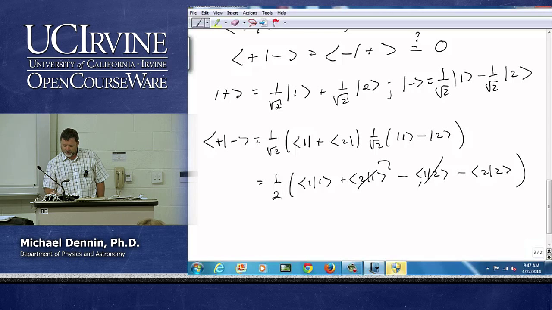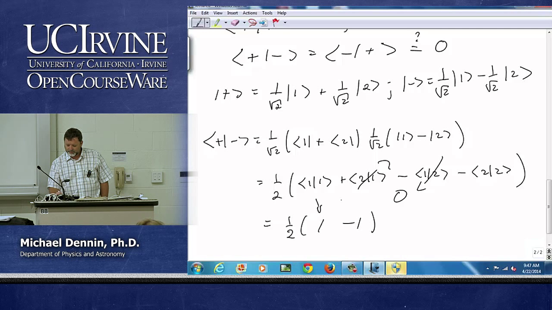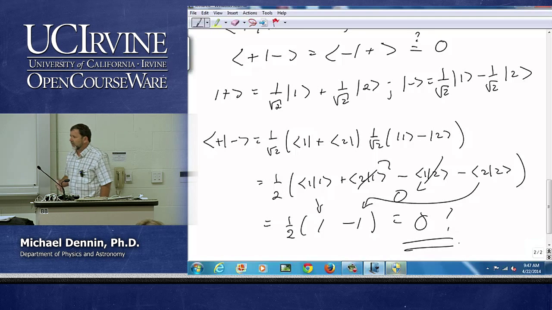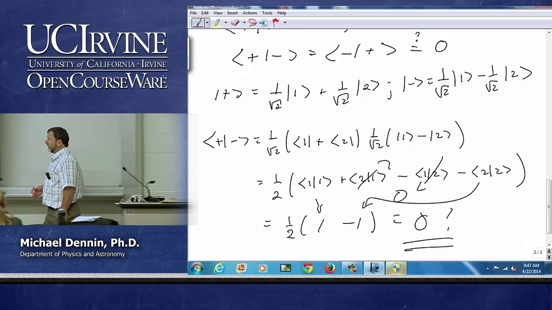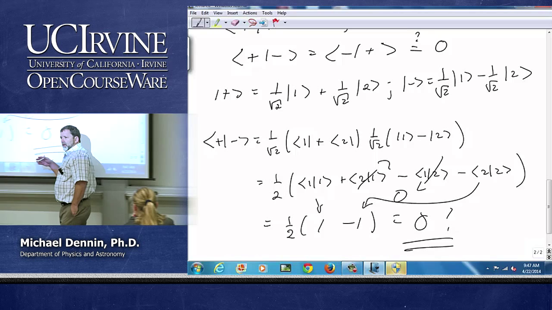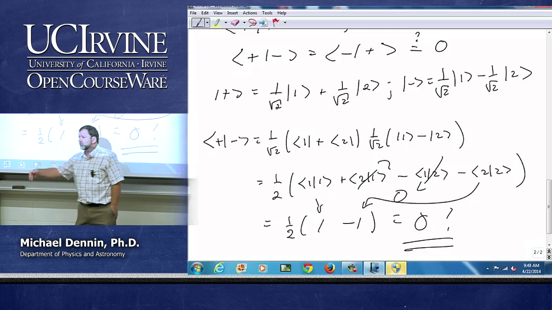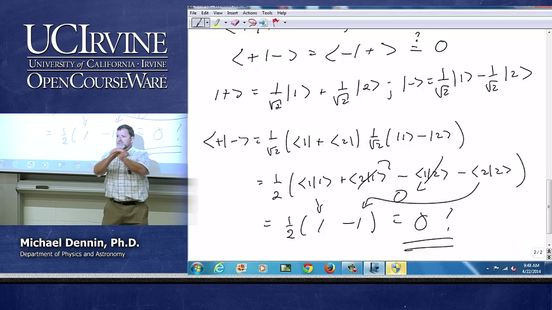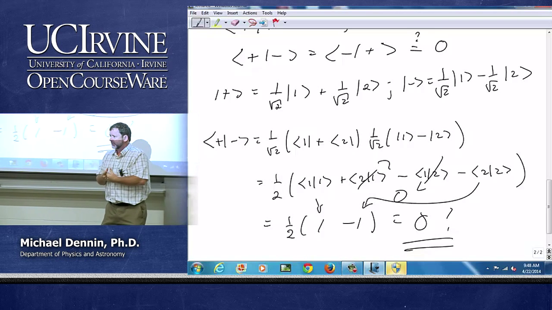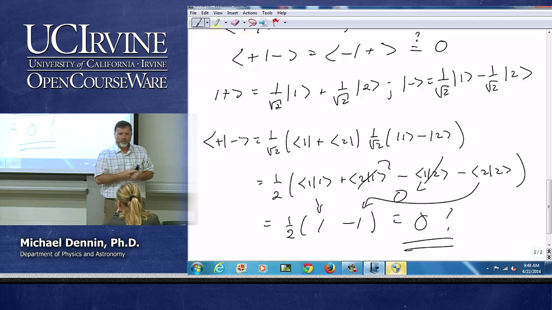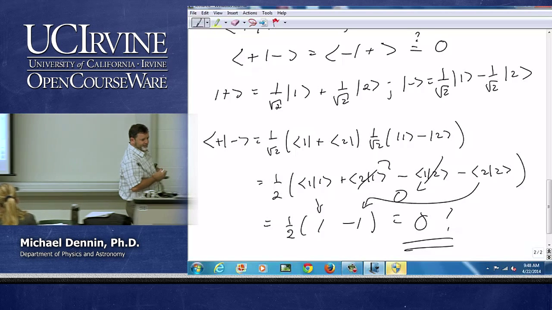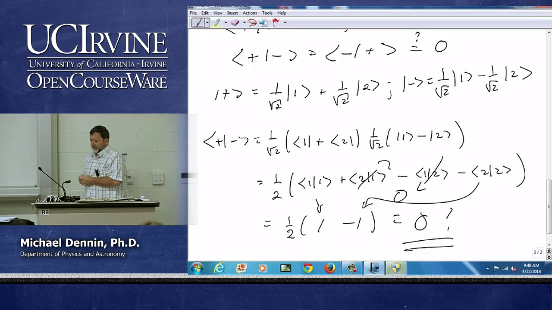And notice the cross terms are both 0. And this is 1/2 times 1 minus 1, the 1 from there and the 1 from there, which is 0. So indeed, they're orthogonal like they're supposed to be. So I constructed another orthonormal basis, and I could go and construct more, because remember, in the plane we said there was an infinite number of pairs that are orthogonal. Any questions on that?